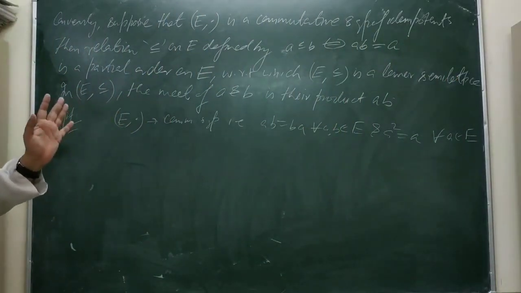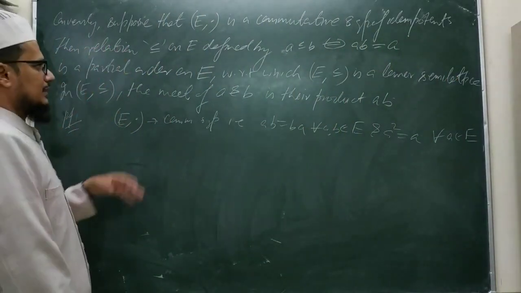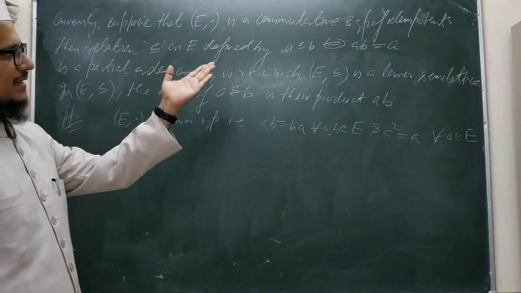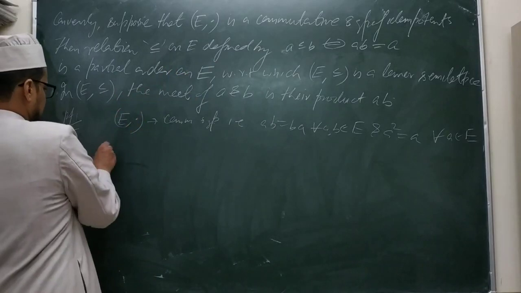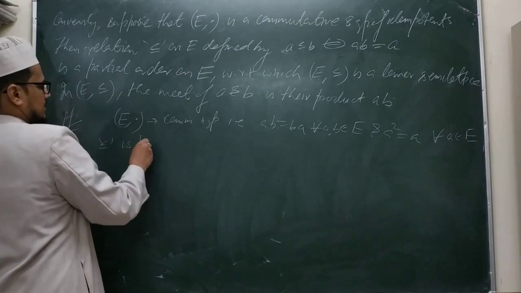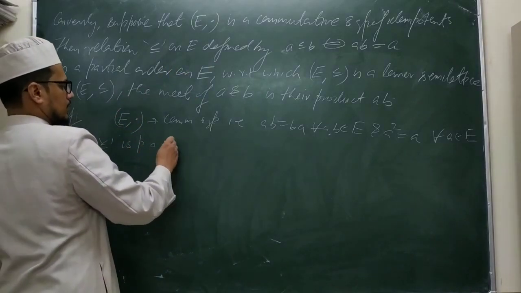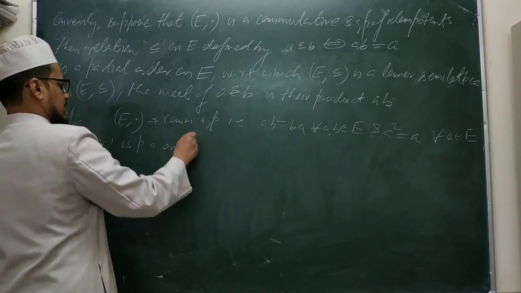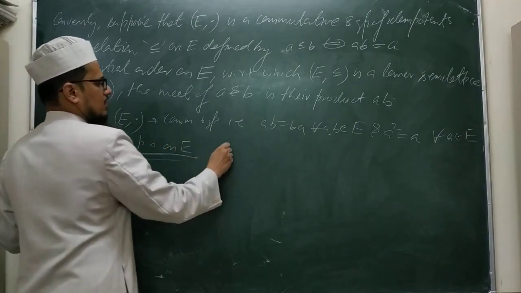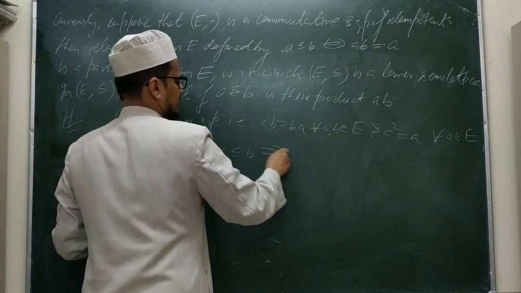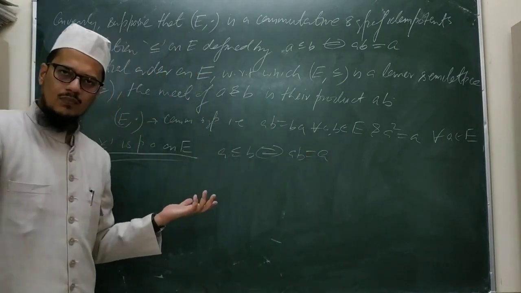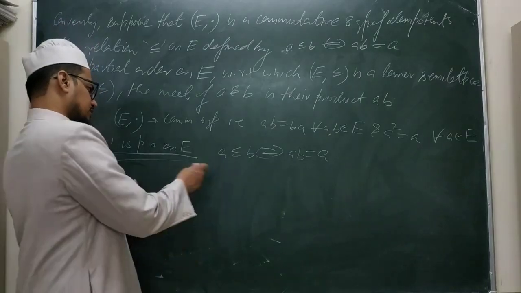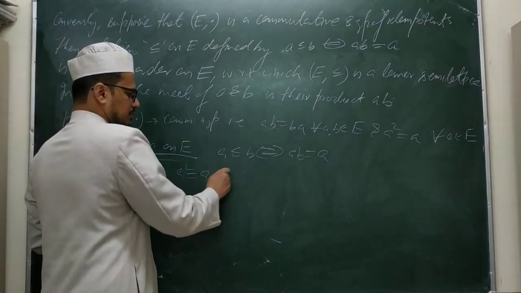Now what do we have to prove? The relation is defined like this: A less than or equal to B implies AB is equal to A. So first we have to verify that this relation is a partial order on E. Correct. See, you can see that A squared is equal to A. What does it imply?